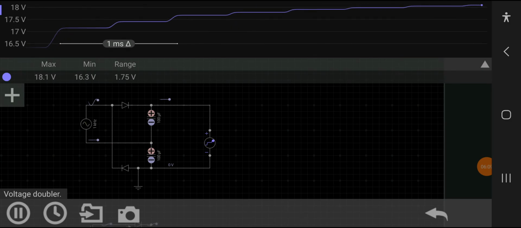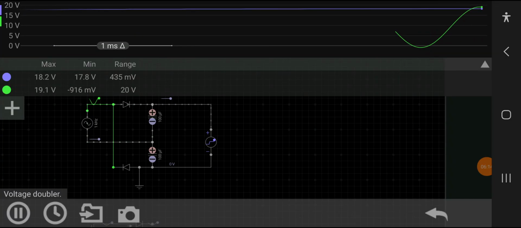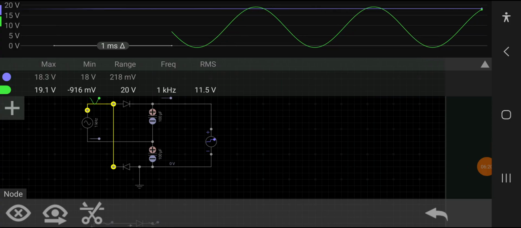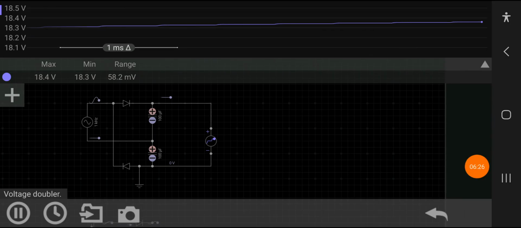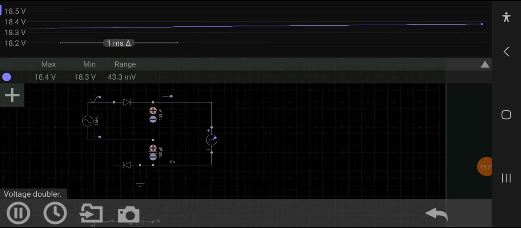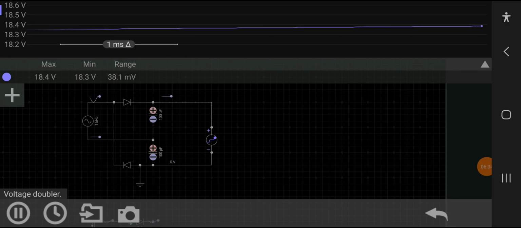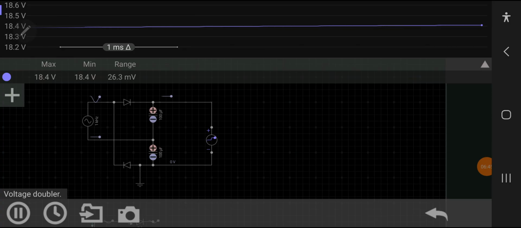We have an input voltage of 10 volts, and we are getting an output voltage of 18.4, which is almost double the input voltage, because here the diodes are not ideal, so we are considering a practical diode here.